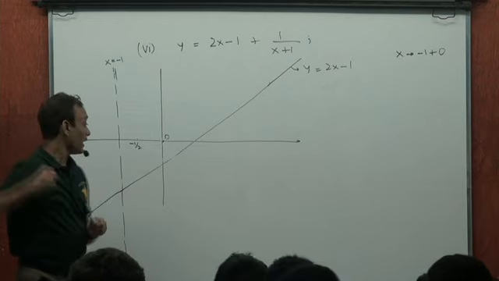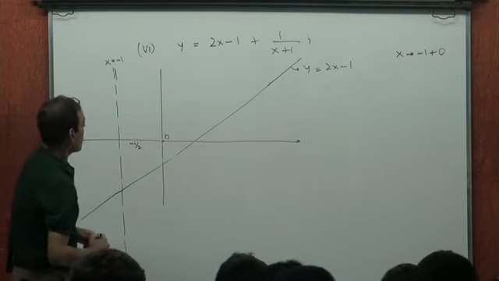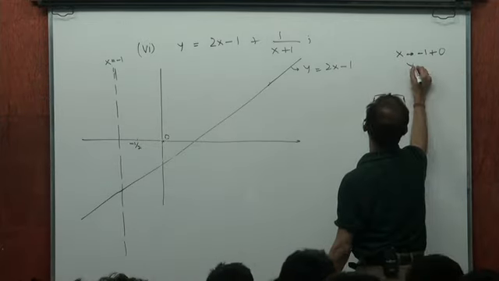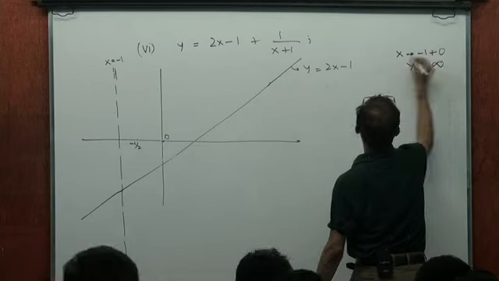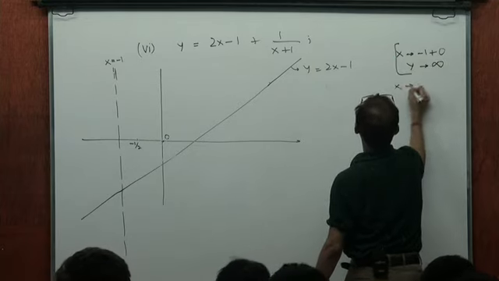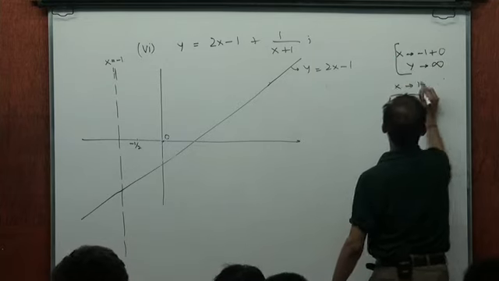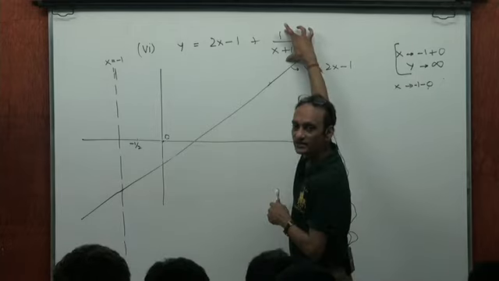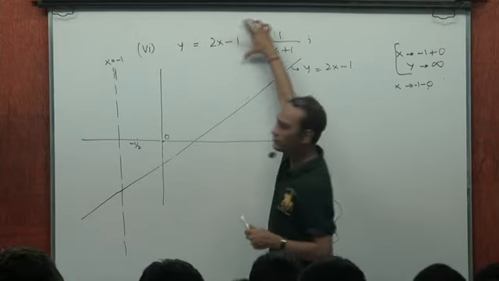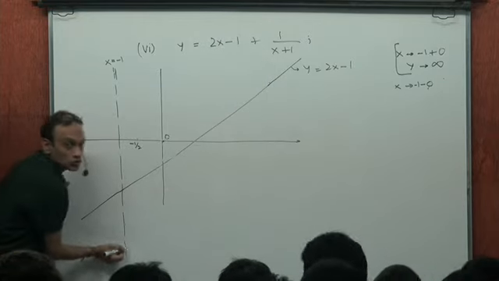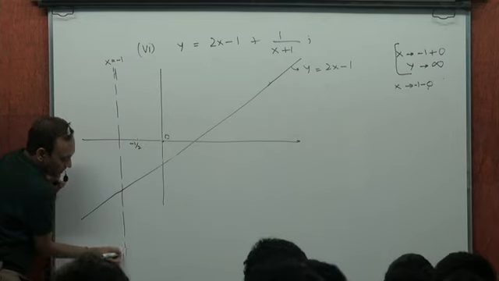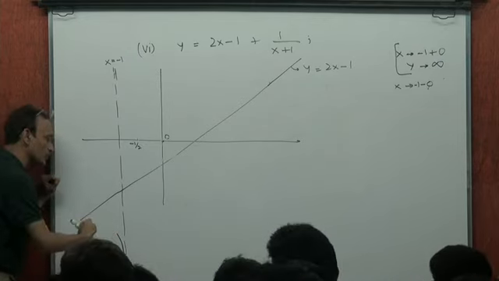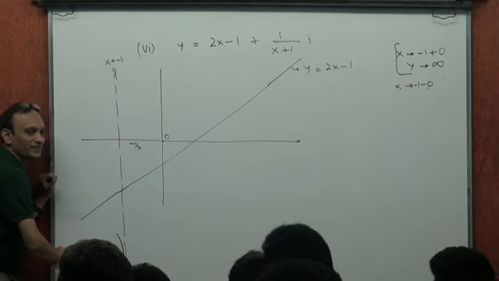As x tends to minus 1 from the greater than minus 1 side, y tends to plus infinity. As x tends to minus 1 from the less than minus 1 side, this will tend to minus infinity. This is a finite number, so the whole thing will tend to minus infinity. So I would expect something like this. And this again being an asymptote, I would expect a local maximum to appear somewhere here.